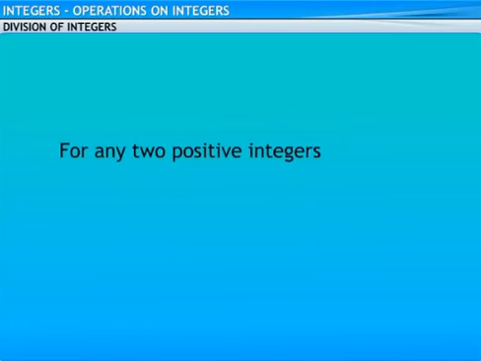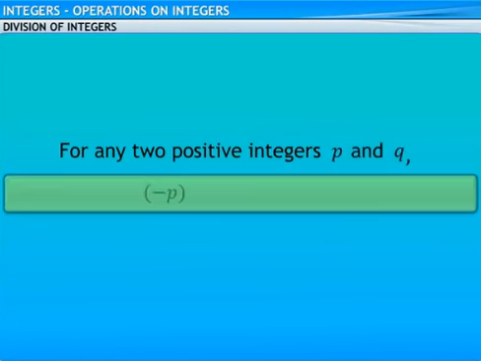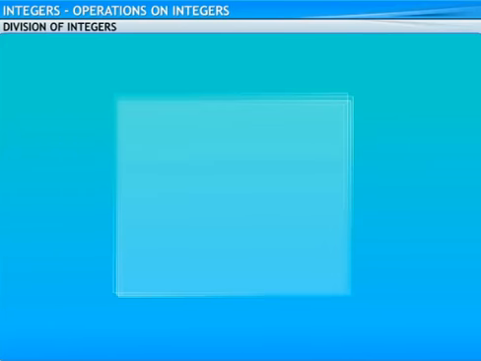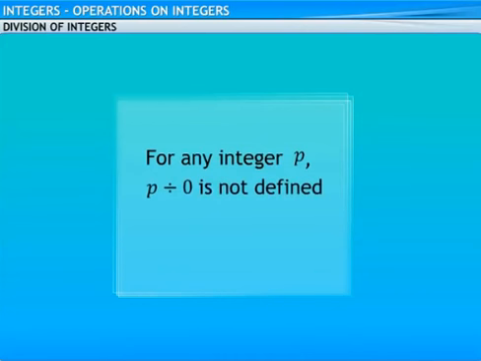So in general, for any two positive integers, p and q, minus p divided by minus q is equal to p divided by q, where q is not equal to 0. Also remember that for any integer p divided by 0 is not defined, and 0 divided by p is equal to 0, where p is not equal to 0.